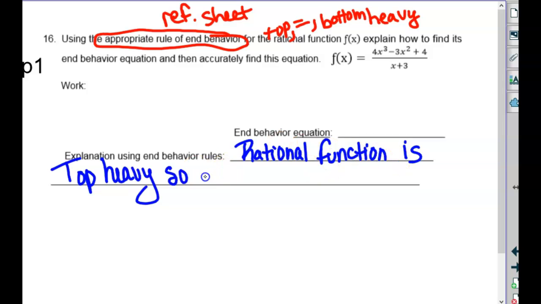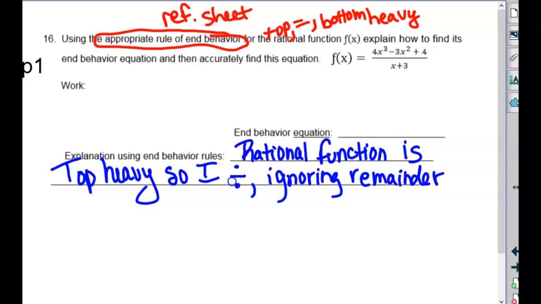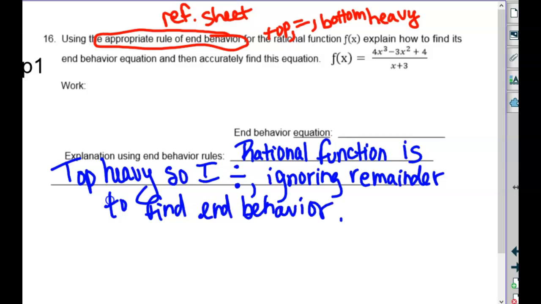Rational function is top heavy, so I divide, ignoring remainder. Okay, so let's do that.